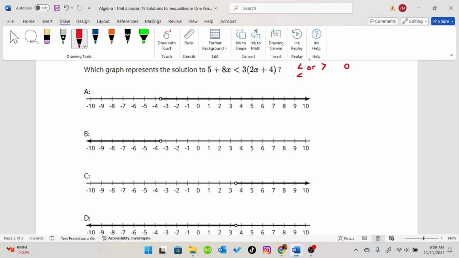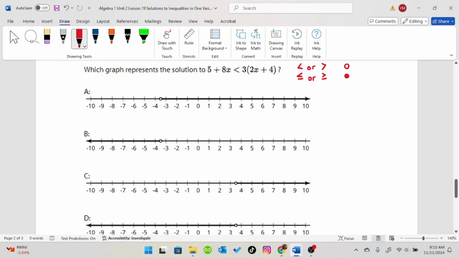If you have less than or equal to, or greater than or equal to, you're going to have a solid circle. We can see here that we have less than, so we should have a hollow circle. And when we check each of these, they all have hollow circles. So we're good on the first step.